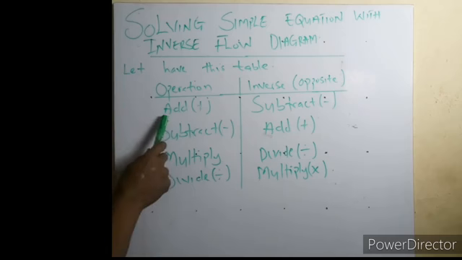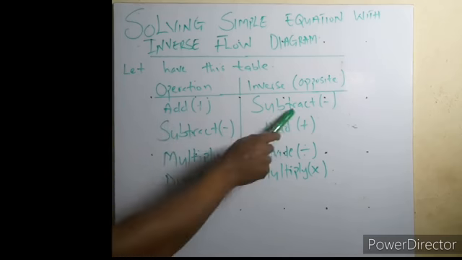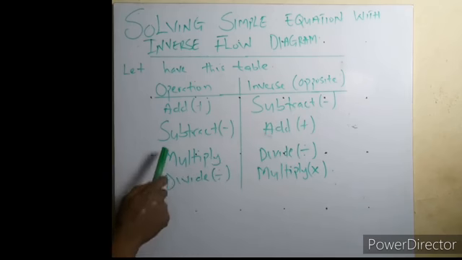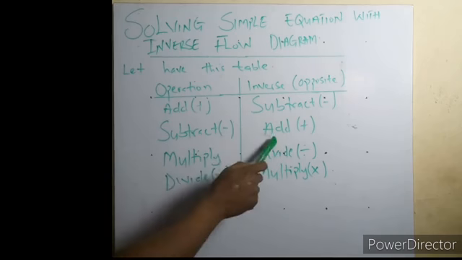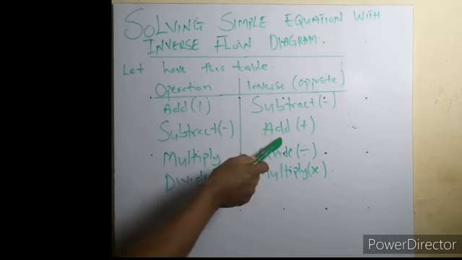What you have here now is add. The opposite of add is to subtract. And to subtract, the opposite is to add. Or the inverse of addition is subtraction. The inverse of subtraction is addition.